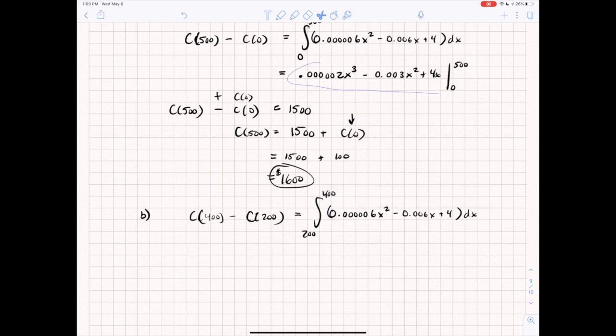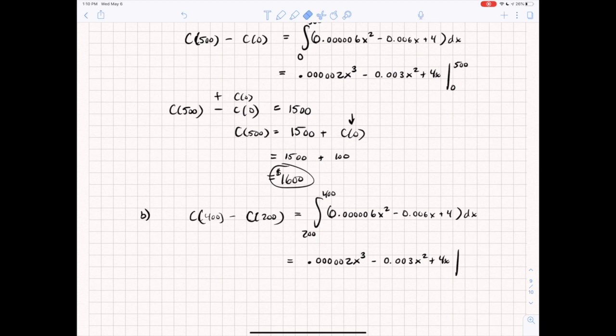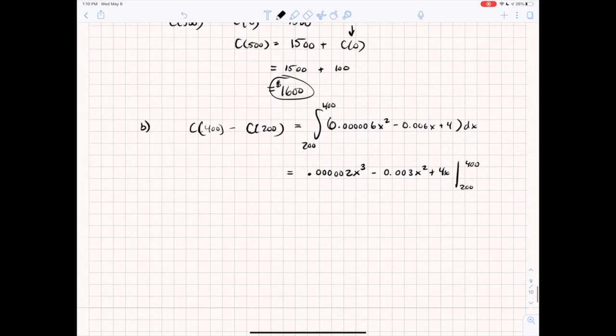Again, we already know what the antiderivative of this is, so I'm just going to copy that down again. But instead of doing it from 0 to 500, we're doing it from 200 to 400. So plugging and chugging here, you would find that the change in cost would be $552 for the daily total cost for producing the 201st through the 400th unit.